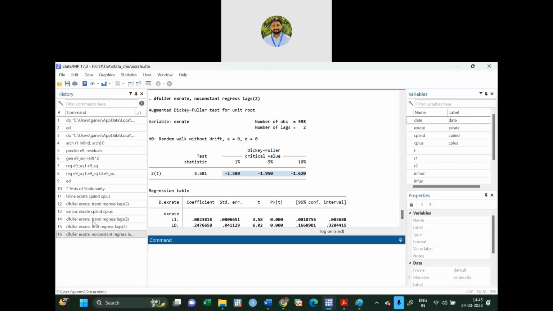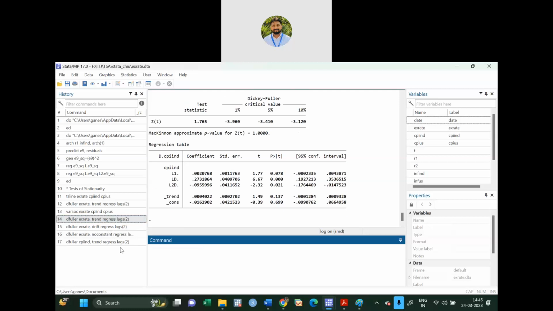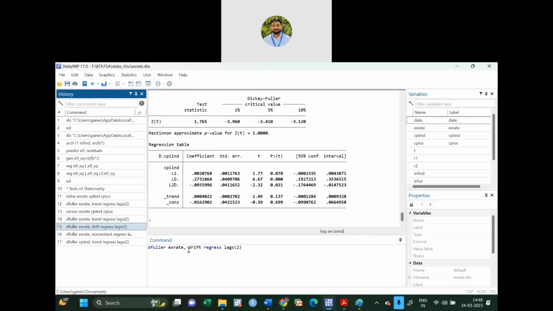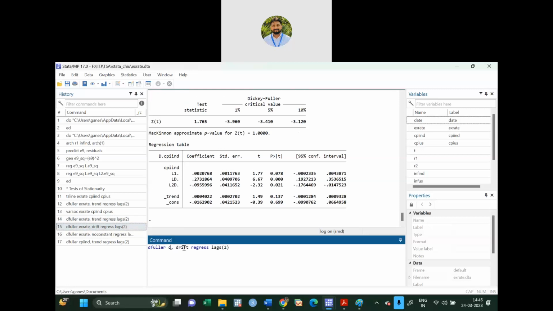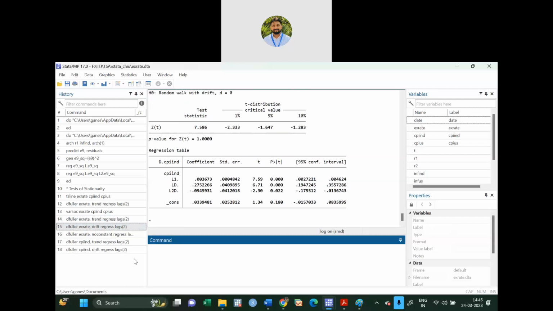Now, similarly, you repeat the test for the consumer price index of India and the consumer price index of US. So let me run for CPI India.